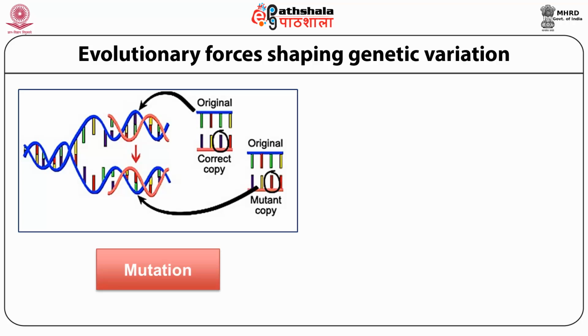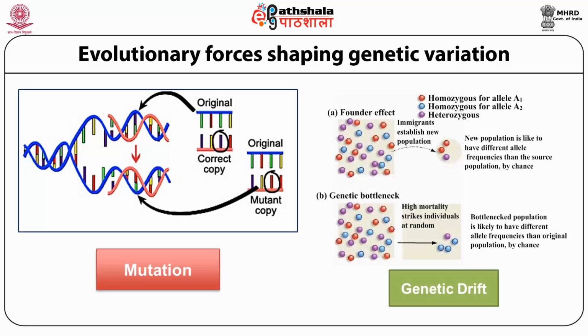The next evolutionary force in line is genetic drift. Genetic drift is a stochastic process in which a subset of a population undergoes mating that results in the allele frequency change in the next generation. At the level of an entire population, this means that each generation may not have the exact same set of allele frequencies as the previous generation.